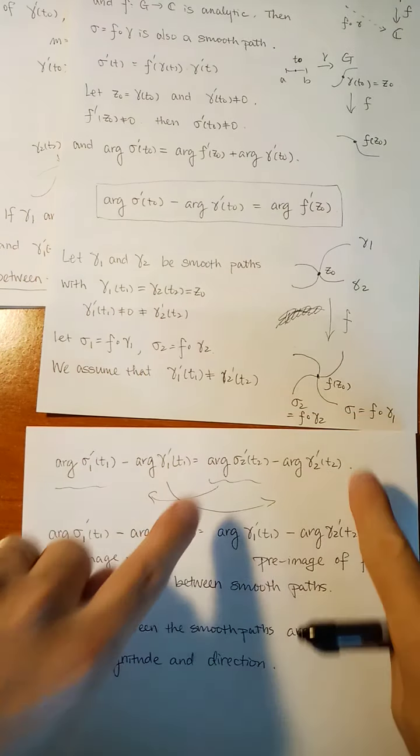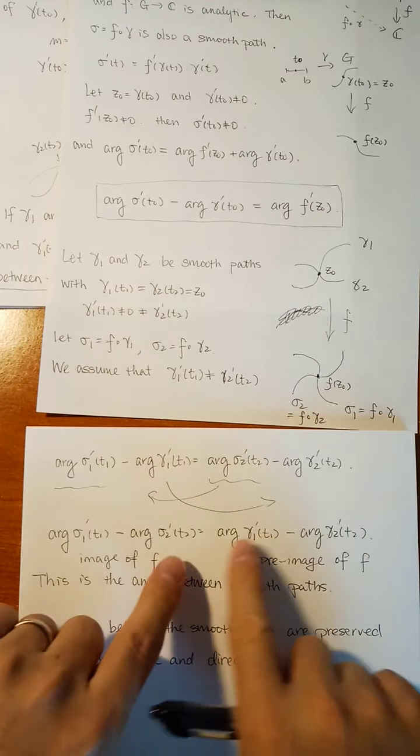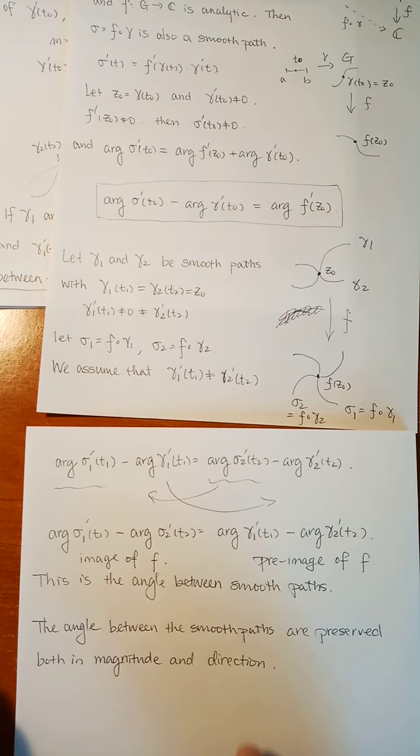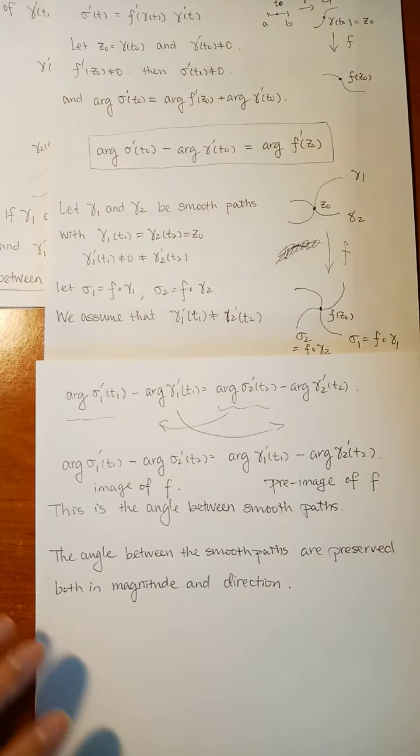Magnitude and direction: if we put the absolute value, that's magnitude. Without the absolute value, you have a plus or minus sign. So that's what they say, magnitude and direction. Okay?